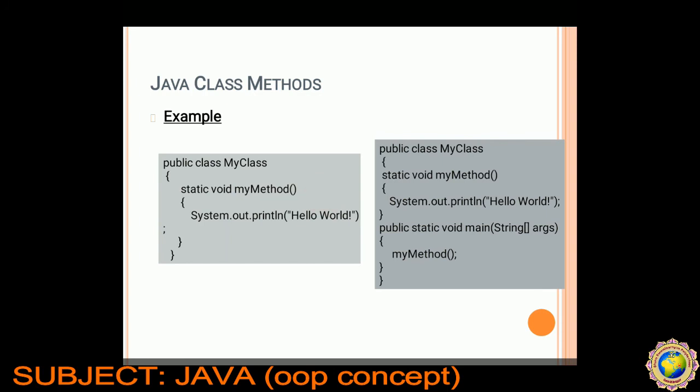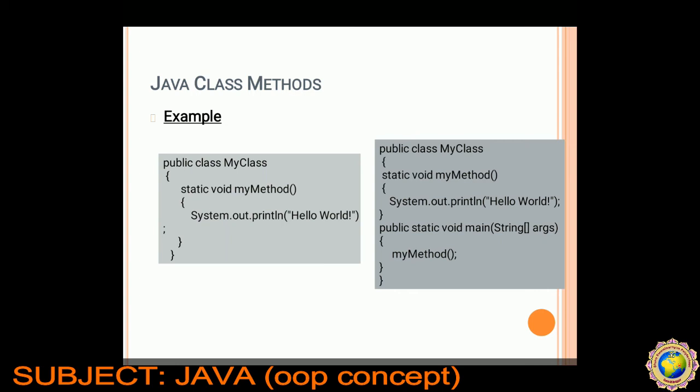The name of the method and the type of value, these three are the very basic parts of methods. So this is about how to declare a method. Let's see another example: static void myMethod, System.out.println("Hello world"), and public static void main(String[] args).